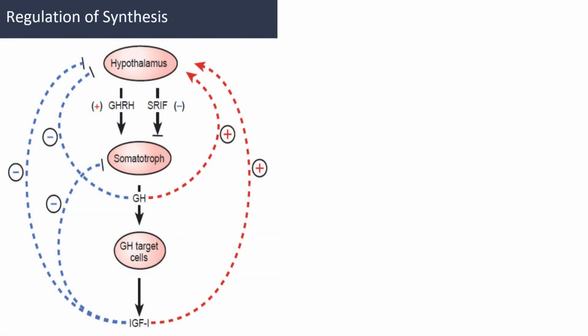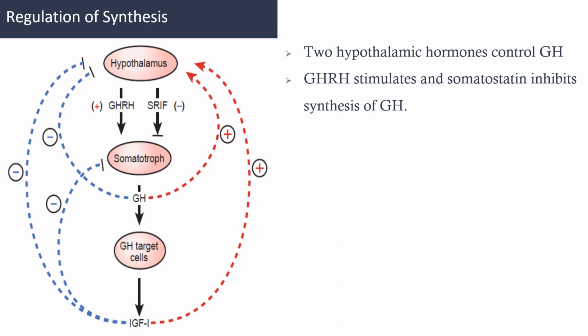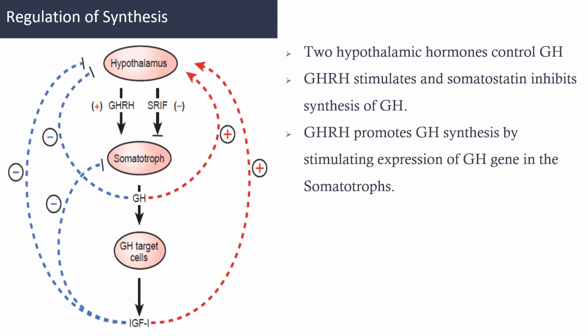Regulation of growth hormone synthesis. Two hypothalamic hormones control the synthesis of growth hormone. One is the growth hormone releasing hormone, and the other is somatostatin. The GHRH stimulates, and somatostatin inhibits, the synthesis of growth hormone.